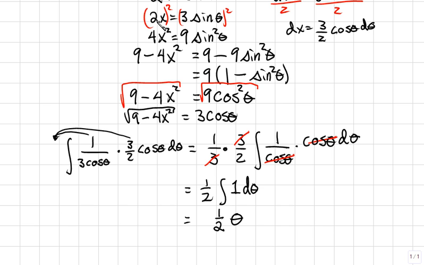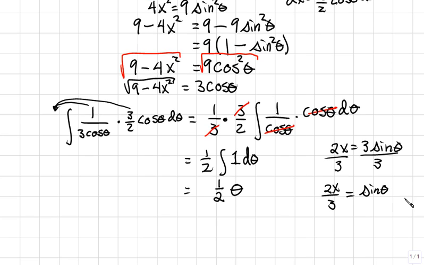To do this, we'll use our original substitution again, that 2x was equal to 3 sine theta, and solve for theta and replace that in our result. To solve this for theta, we'll first divide both sides by 3 to get that 2x over 3 is equal to sine theta. And by applying an arc sine to both sides, the sine on the right will move to the left side as an arc sine.